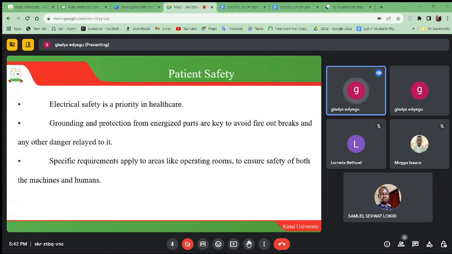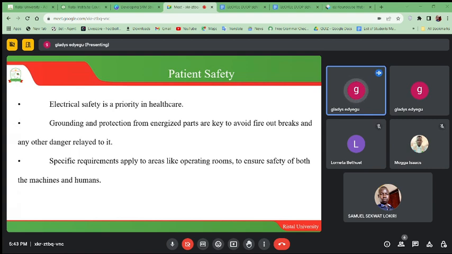The operating rooms can be theaters or laboratories, anywhere where we need to operate these machines. So there are specific requirements that need to be followed for proper installation, in order to ensure the safety of both our machines and humans, and the humans are either our patients or ourselves.